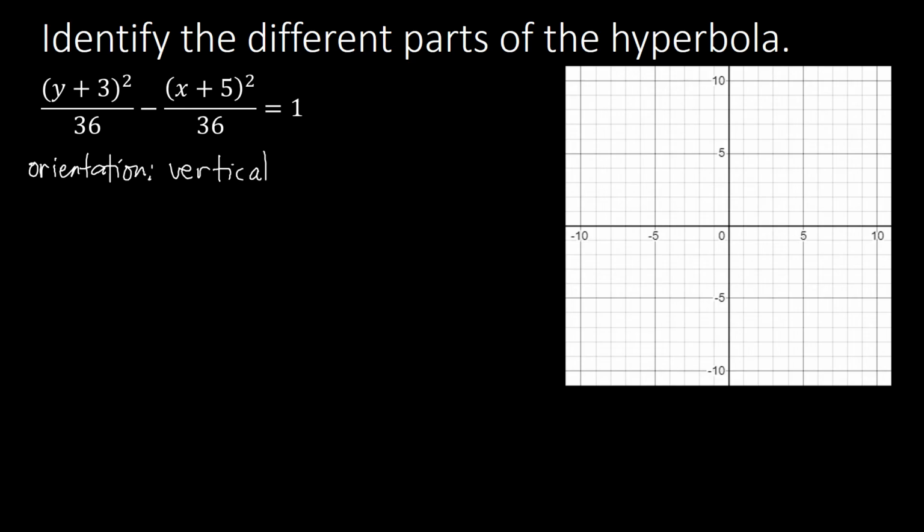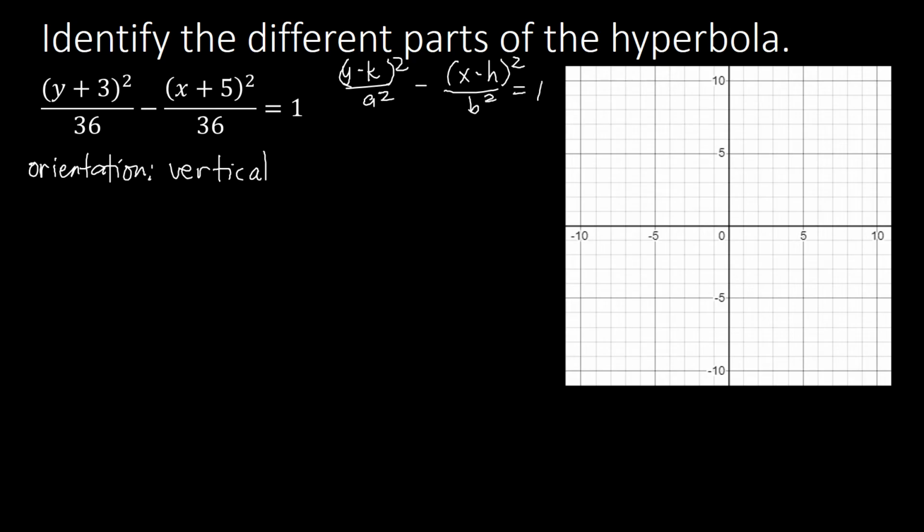Now, since we have the vertical orientation, take note our standard equation for that vertically oriented hyperbola is (y − k)² over a² minus (x − h)² over b² equal to 1. So that's our standard equation.